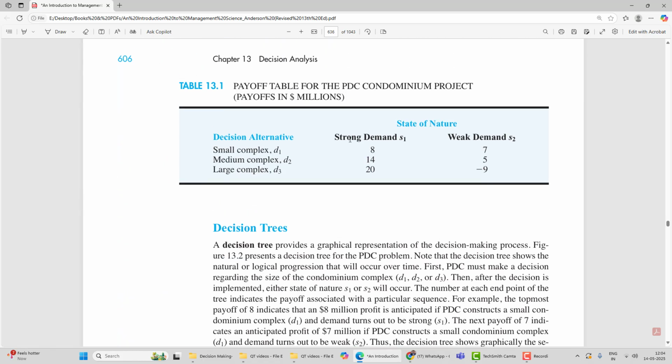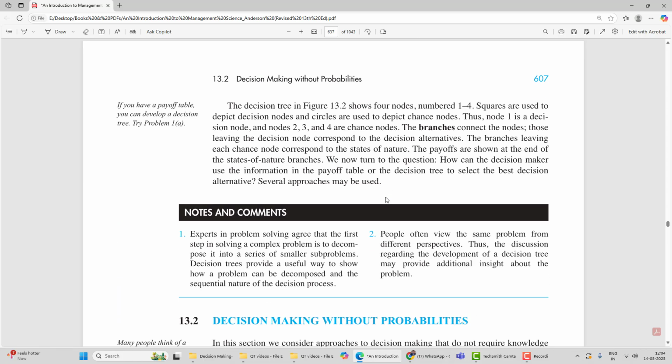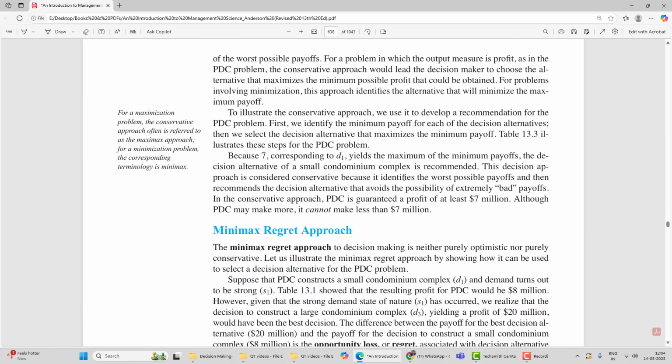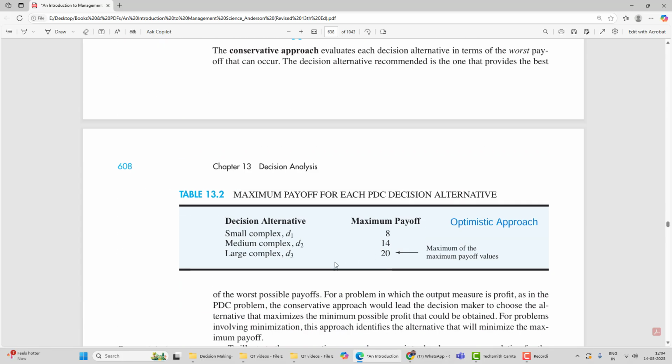From the payoff table, they will only consider the strong demand, because that is what the optimistic person will always think of. Under these three payoffs, obviously they are going to go for the largest of that.